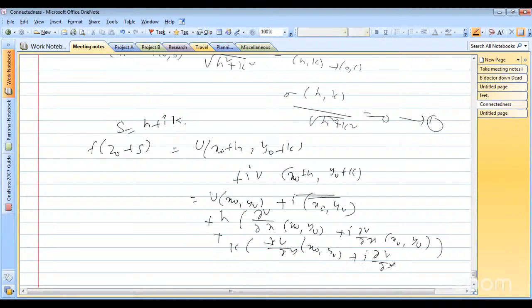From the functions I am taking these values here.